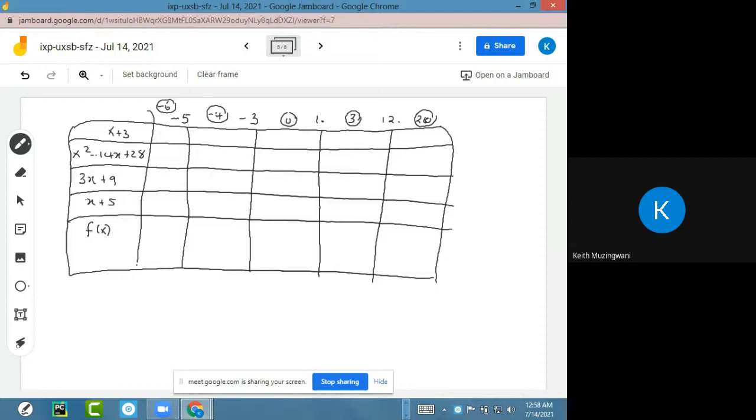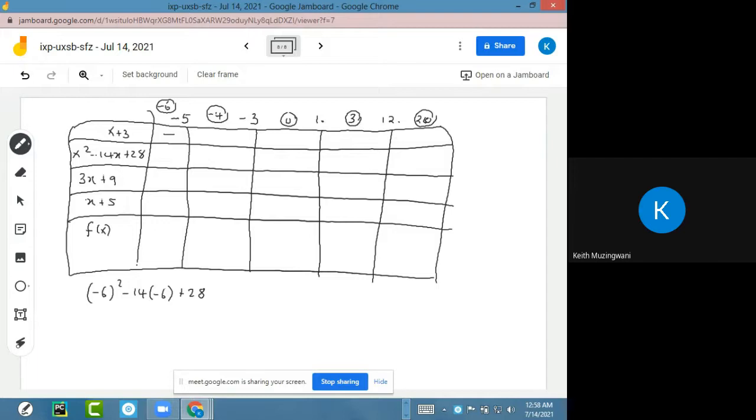Then now we test. We get -6 in the first one, it will give us a negative. -4 in the first one, it will give us, first we'll be getting the line going down. So use -6, also -6 in the second. So we'll have -6 squared minus 14 times -6 plus 28.